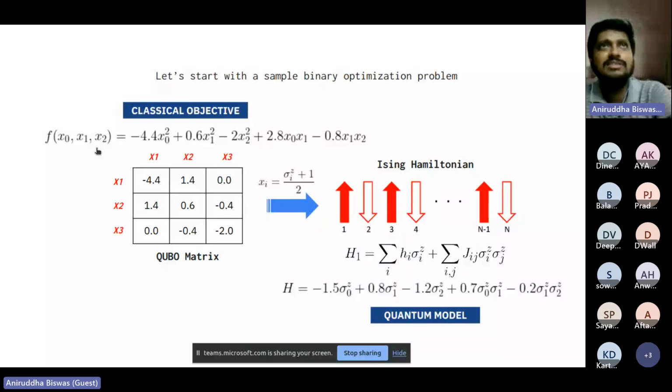But this is a very easy problem to solve, so we don't need any quantum computer for that. But for a TSP problem, a 6 city or 7 city TSP problem, you definitely need a quantum computer. You can use a classical computer or classical algorithms, because there are a lot of algorithms in the classical space.